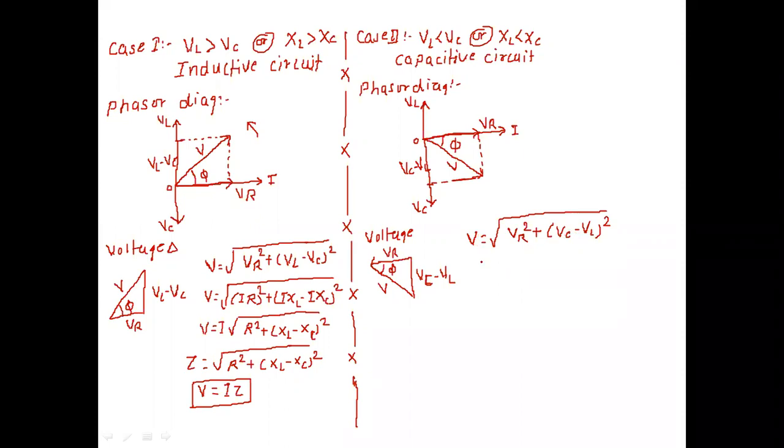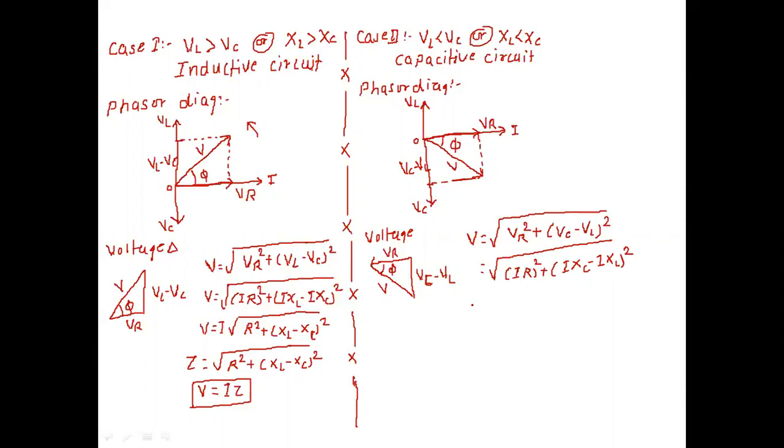Okay, then let me put the value here, which is nothing but (I R) square plus VC, which is nothing but (I XC minus I XL) square.